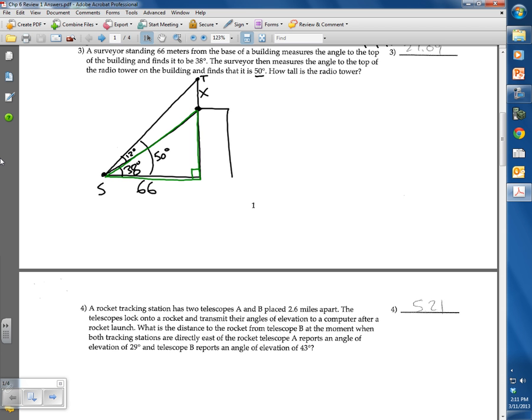I have 90 degrees, 38, so subtracting, I'm going to get 52, which means, because this is a straight line here, that adds up to 180 degrees, that this angle inside here is going to be 128. And then we know I have 180 degrees total in a triangle. We already have 128 and the 12. So we're going to get 40 degrees in there. We've got all our angles.